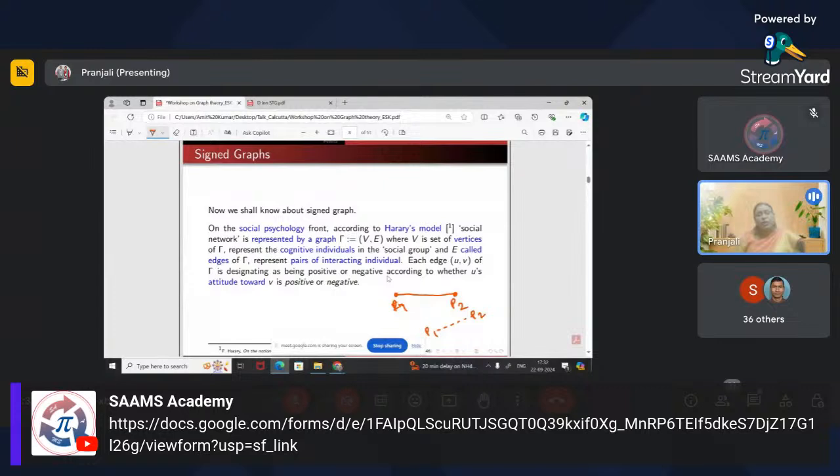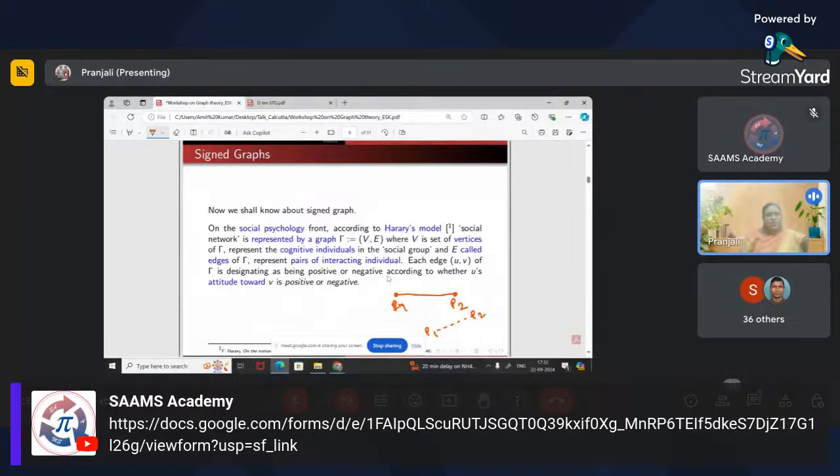However, in graph theory we generally look at the adjacency, but in a social network, of course in the sign graph, we deal with adjacencies of which kind: either a positive adjacency or a negative adjacency.